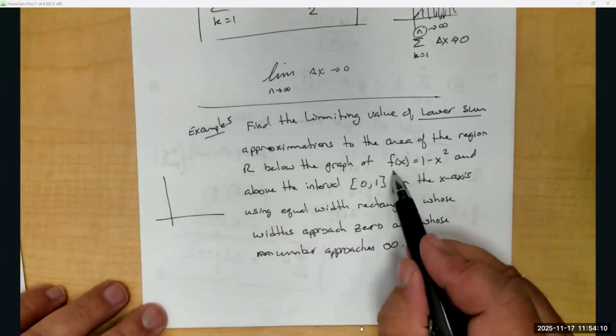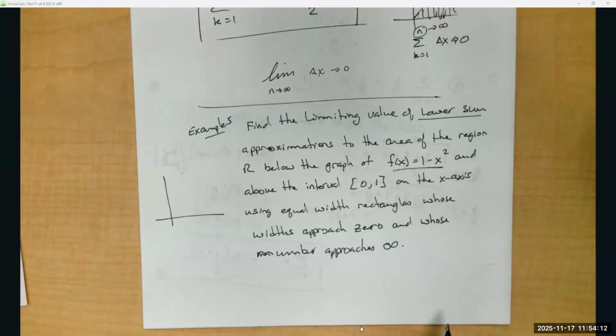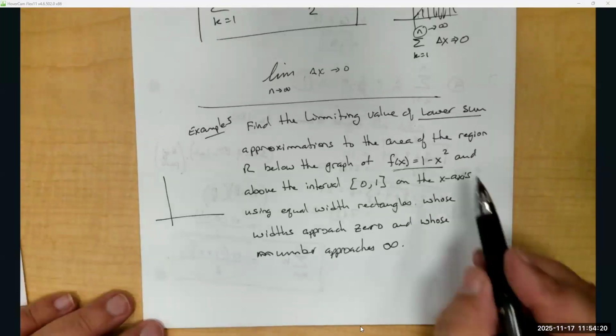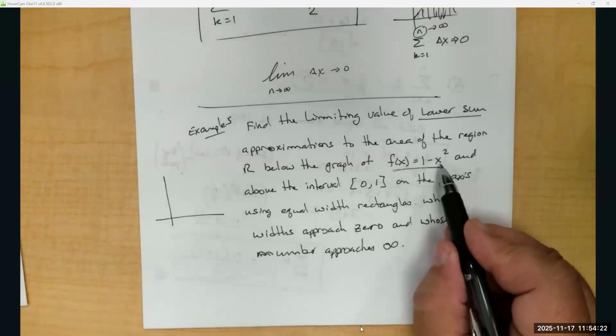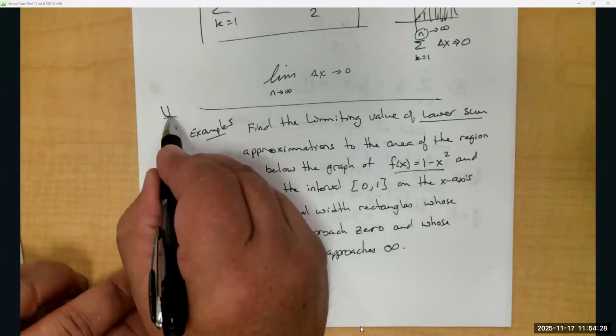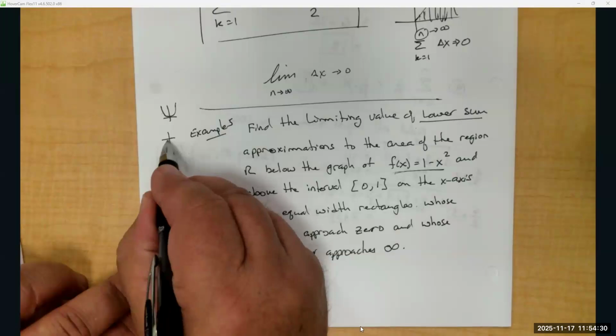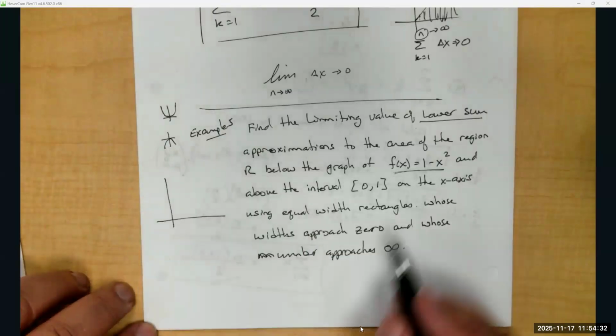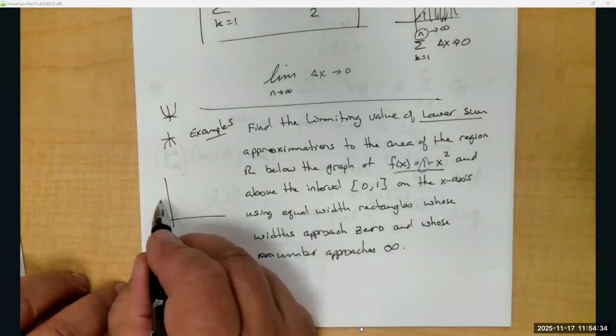First off, do we know what the graph looks like? 1 minus x squared. Well, we know what x squared looks like. That's a parabola. What does negative x squared look like? x squared is like this, negative x squared is down, and a vertical shift of one space up.